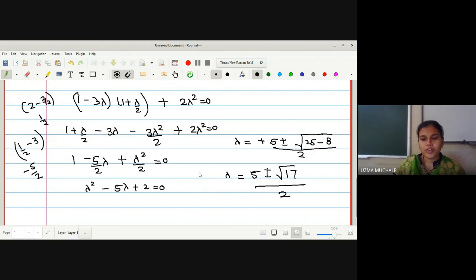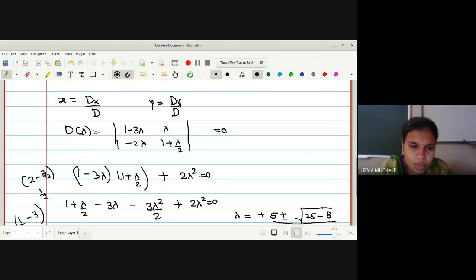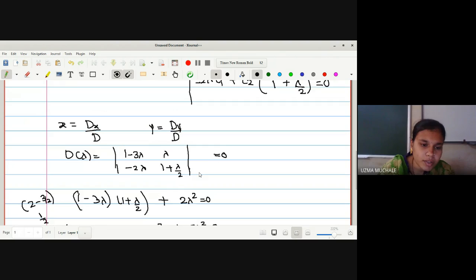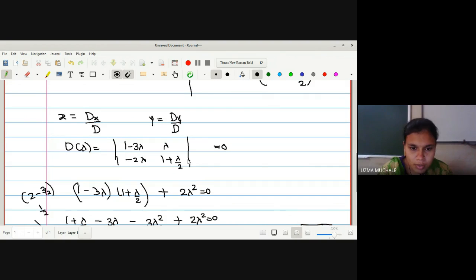So how many values of lambda are we getting? 2. First is 5 plus under root 17, second is 5 minus under root 17, divided by 2. What was our question? We have to find the values of lambda so that we can get a non-trivial solution. We get a non-trivial solution since we have assumed that the determinant of the coefficient matrix is equal to 0.